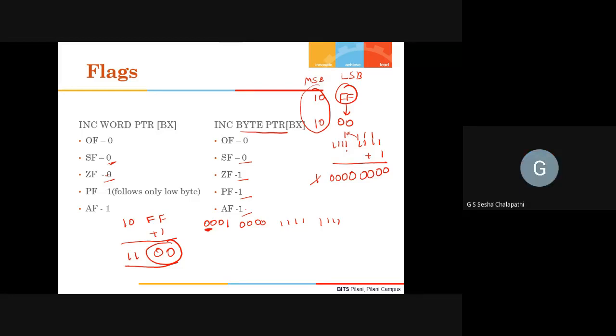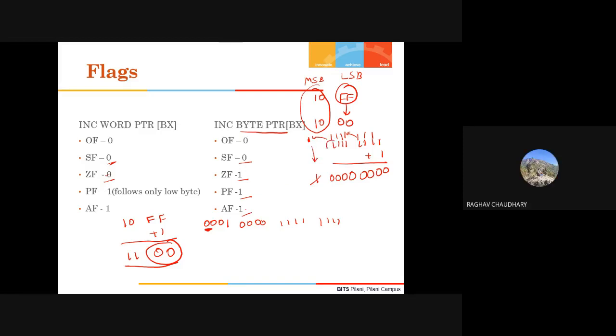Now, in this case, what is happening here? If you look at this, 1 plus 1 is 0, you had a carry here. Then you had 1 plus 1 again, a carry here, and then you have a carry out also, which is coming over here. Now you tell me, is there an overflow?